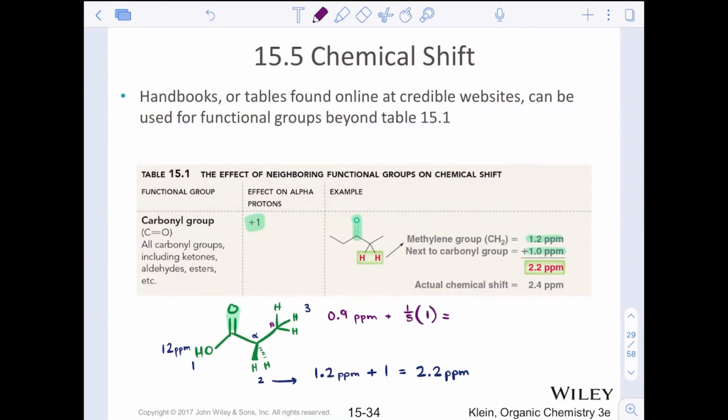So 1/5 of 1 is 0.2. So we would predict that those 3 protons show up around 1.1 ppm. We will practice this more together in class, but this would be one example of mathematical calculations that I would need you to understand and be able to perform.